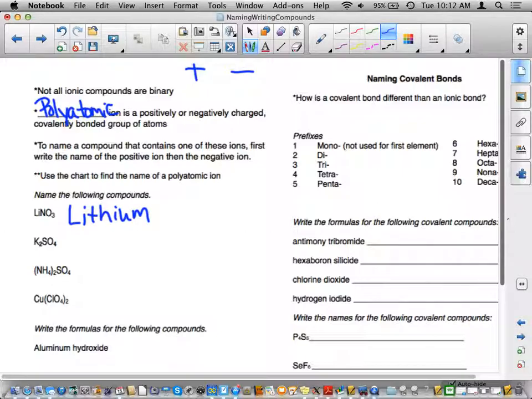And then NO3 is covalently bonded together. I can tell because this isn't just 2 elements anymore, it has 3, so NO3 has to be on my list. So I'm going to go to that list and find NO3. It's about halfway down the page. NO3 is nitrate. So lithium nitrate would be the name of that compound.